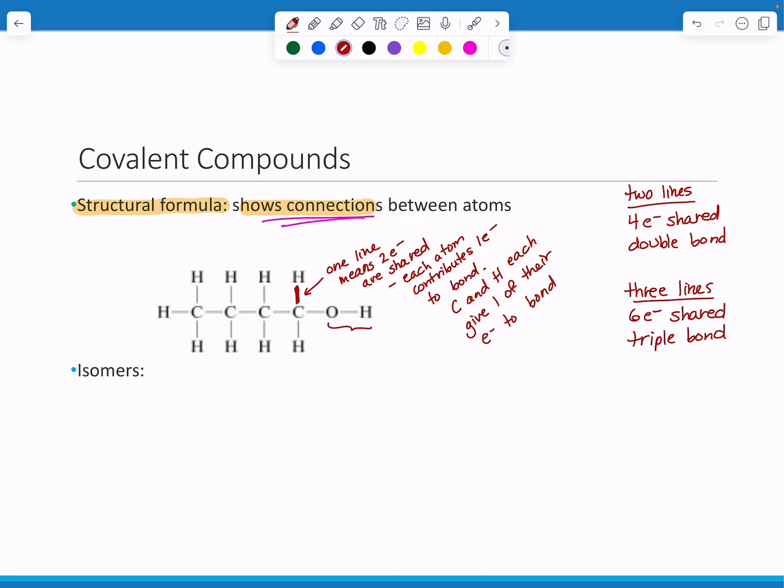Now there are other ways of arranging these atoms. So I could do something like this. I have my 4 carbons, and instead of having the oxygen bonded to this carbon right here, I could have that oxygen bonded to the second carbon in from the right.